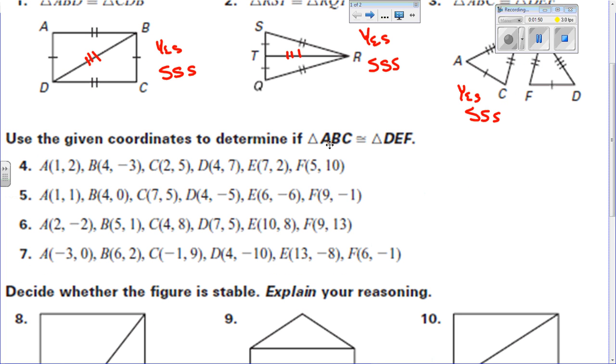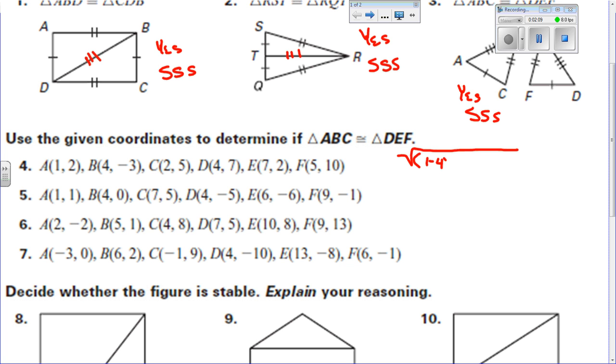Number 4, determine if triangle ABC is congruent to triangle DEF. So from A to B, if you use the distance formula, I'll write it all out for the first time.